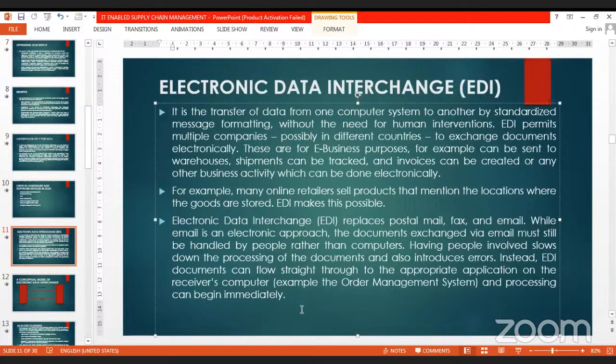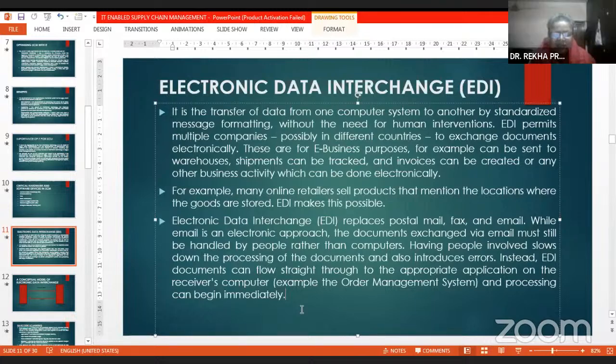Okay, I continue. Electronic data interchange replaces postal mail, fax, and email. While email is an electronic approach, the document exchange via email must still be handled by people rather than the computer. Having people involved slows down the processing of the documents and also introduces errors. Instead, with EDI, the receiver computer, for example order management systems, can begin processing immediately.